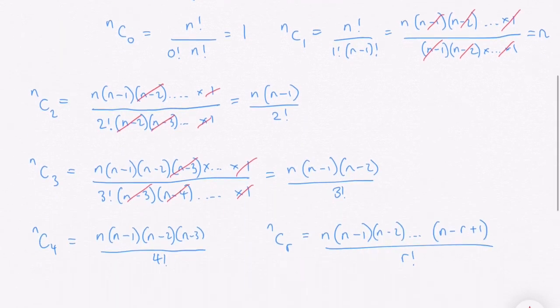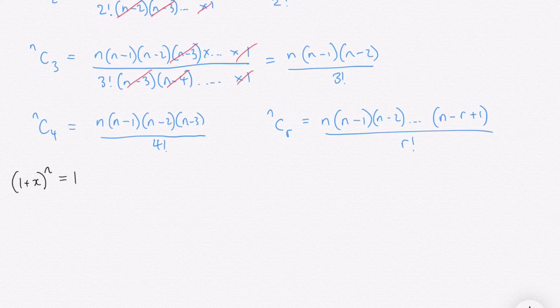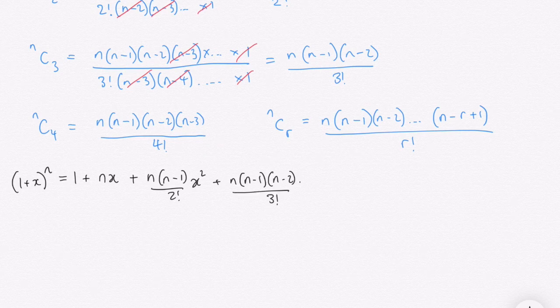We can say that (1 + x)^n, and we're still thinking about positive integer n, is equal to 1 plus n choose 1, which was n, lots of x, plus n choose 2, which is n times n minus 1 over 2 factorial, lots of x squared, plus n times n minus 1 times n minus 2 over 3 factorial, lots of x cubed, all the way to x to the n.